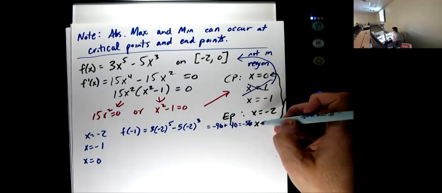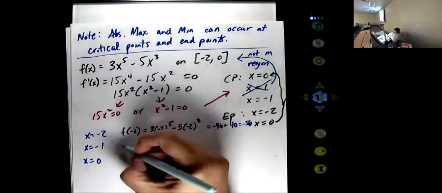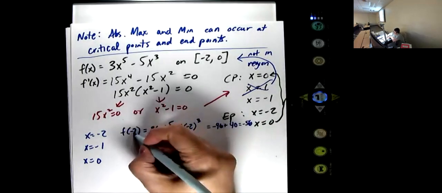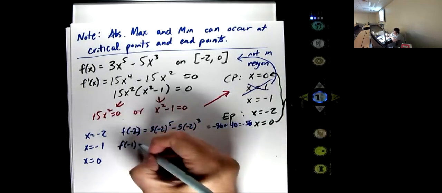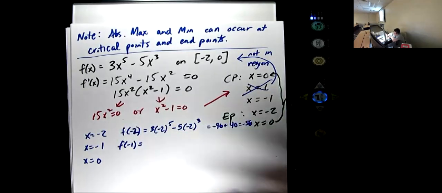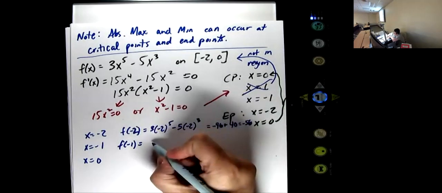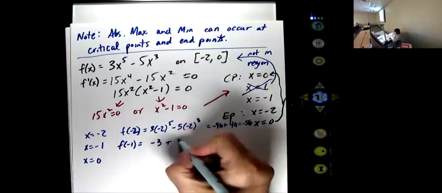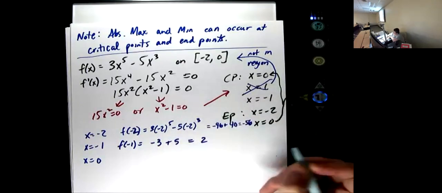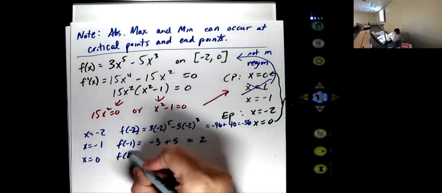Did you guys get that? Okay, I'm doing this in my head. f of -1. Oh, that should be easy. We got -3 plus 5 is 2. And f of 0 is 0.